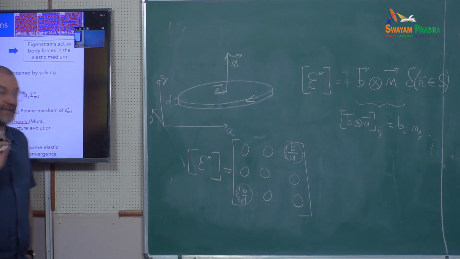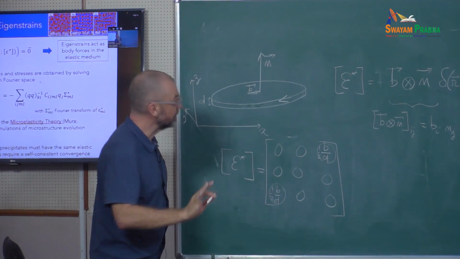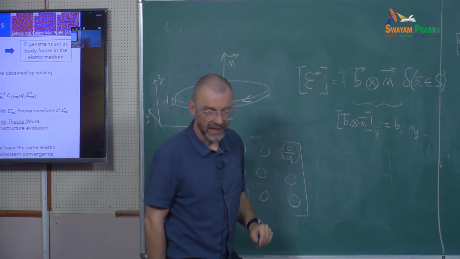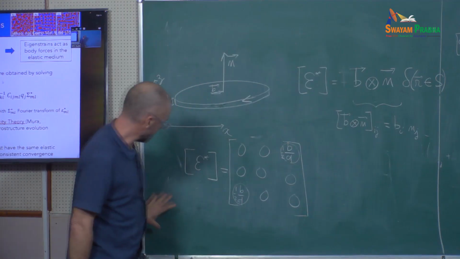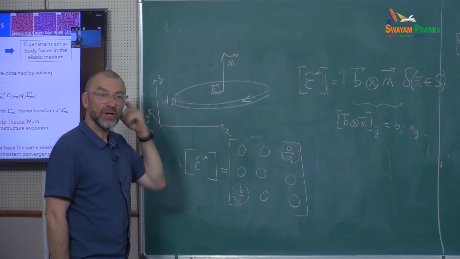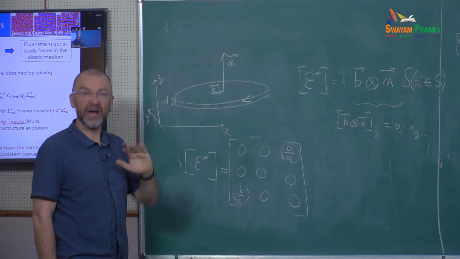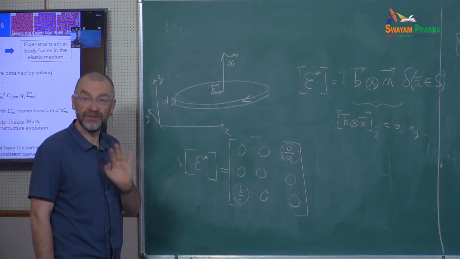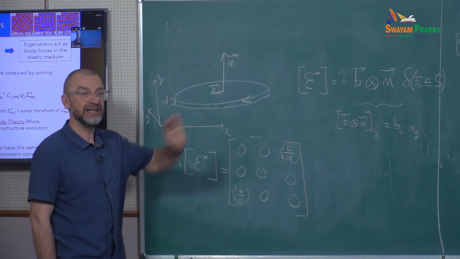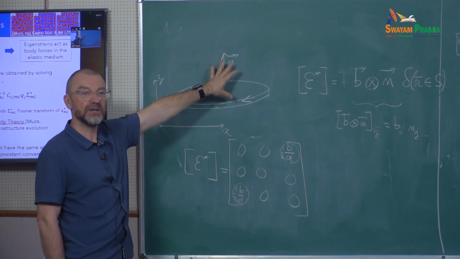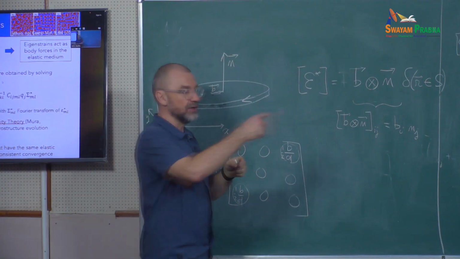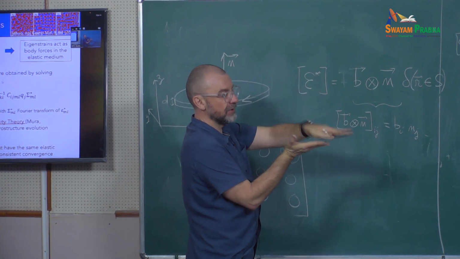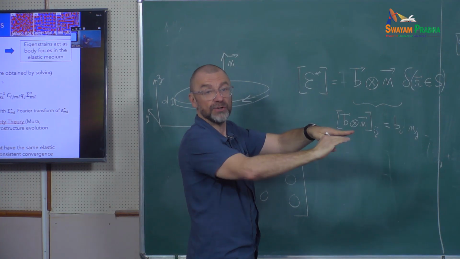I can tell you that starting from this definition of the eigenstrain and using what I erased here, you are back to exactly the same elasticity theory of dislocations as in Hirth and Lothe, or what we discussed yesterday. Yesterday we said to find the stress field of a dislocation, we solve the elastic problem of a displacement discontinuity along a surface.